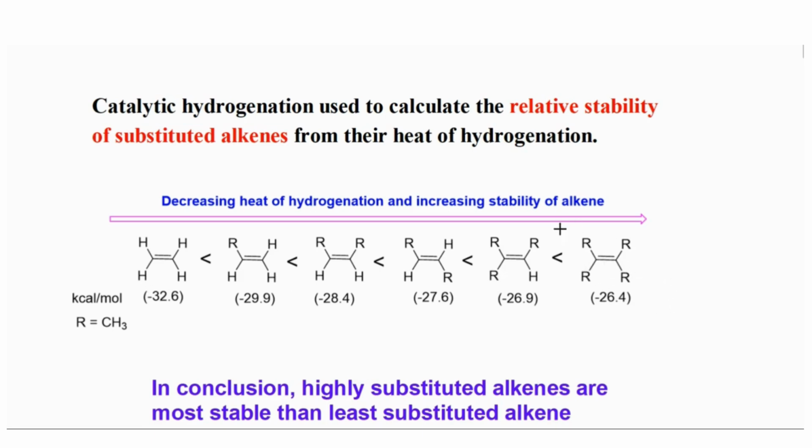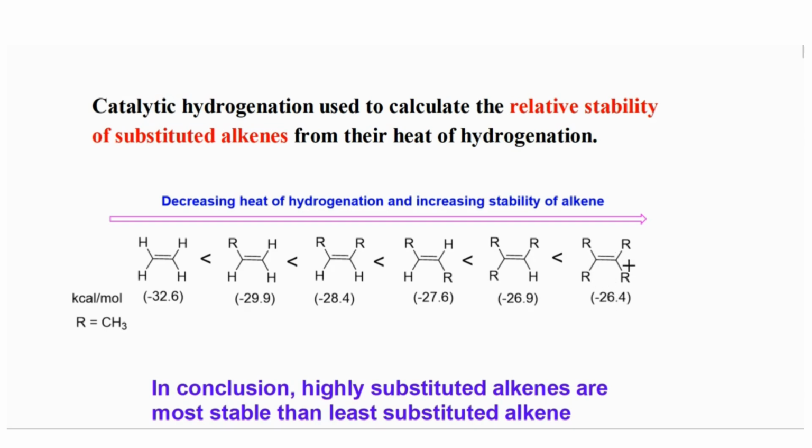You see, with more substitution the heat of hydrogenation is very low, that is 26.4 kilocalories per mole. Here you can ignore the negative symbol, which we use just to denote the exothermic reaction. The lowest number is the most stable.